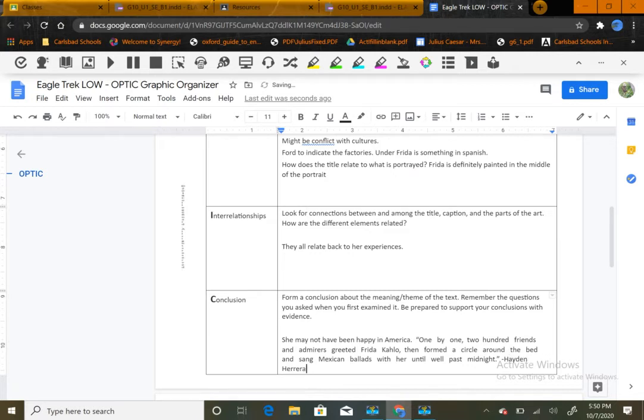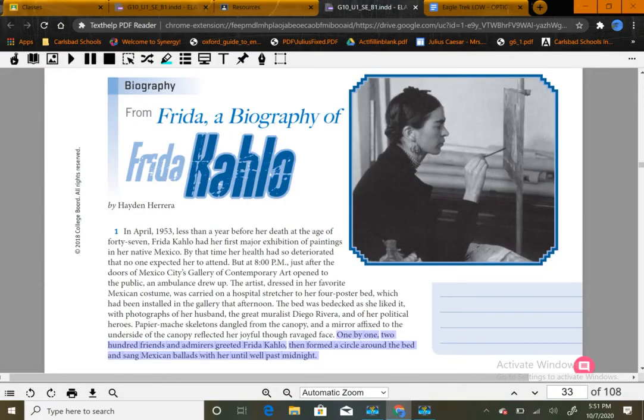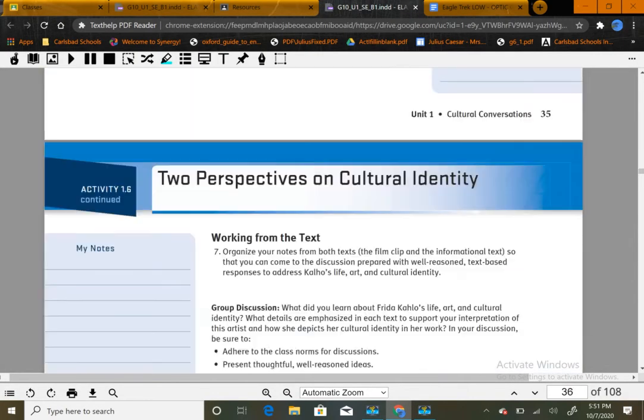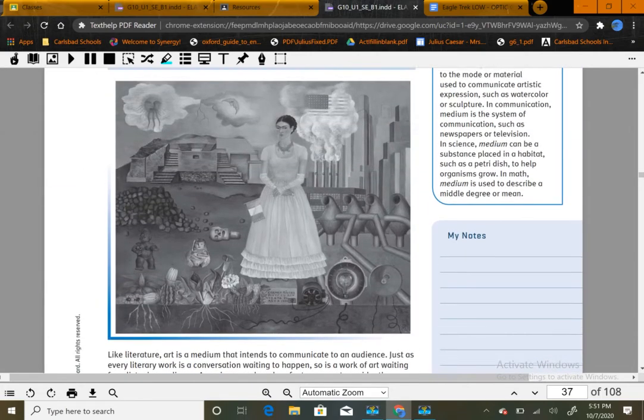I'm not going to leave it there making you think it's my own words. I did not say them. I did not form them. They have nothing to do with anything. Plus, this quote right here has nothing to do with the picture of Frida right here.